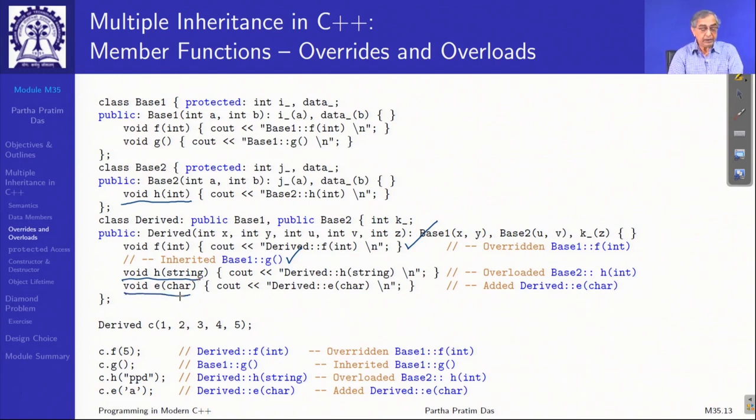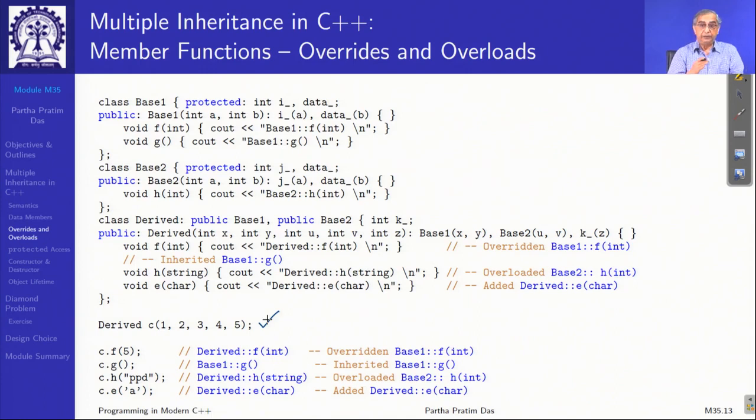Right? So, this example looks very similar to the earlier one, except that all these member functions were in the same base class. Now, they are in two different base classes. So, if I look at a possible derived class object C, I have not given the details of population of data members and execution, those are not really important here.